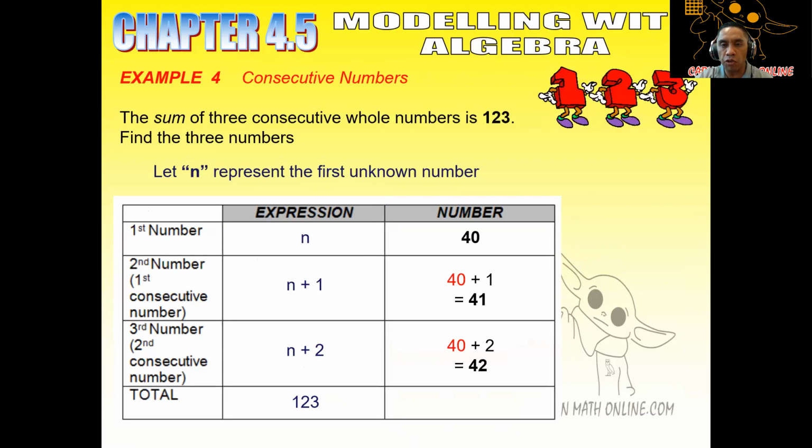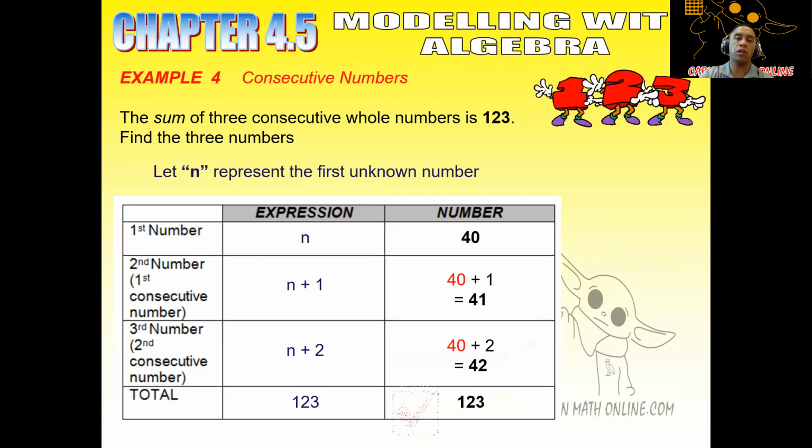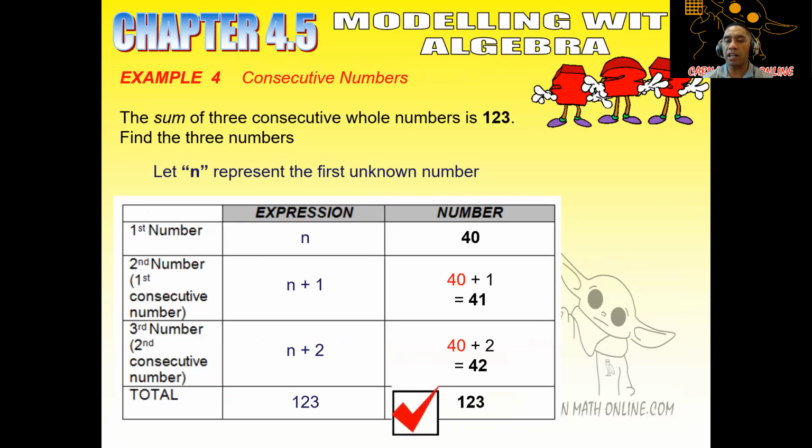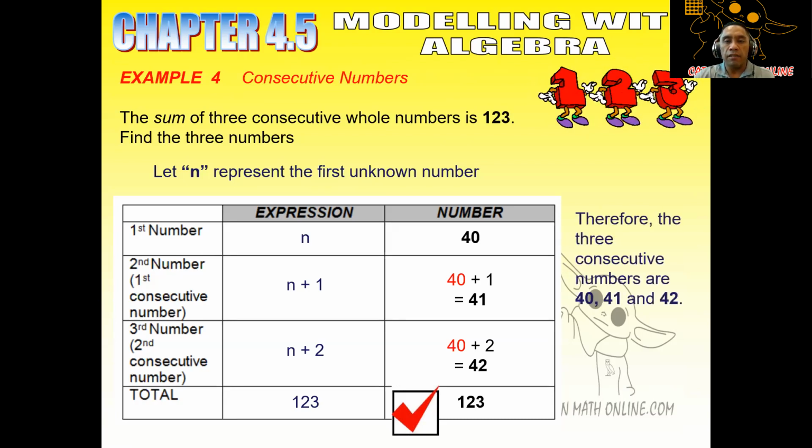Now, just to do an informal check, when I add up those three numbers, the 40, the 41, and the 42, guess what? They add up to 123. So you notice by setting up the chart, we did a check without having to even think about that. Now, again, make sure that you put a sentence as well.